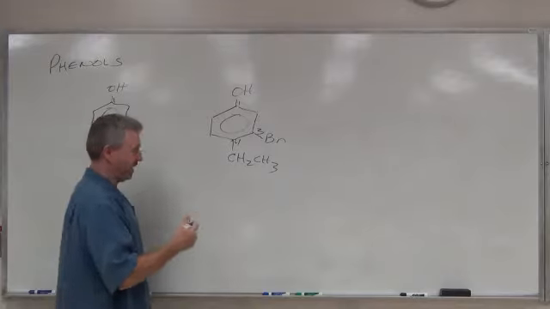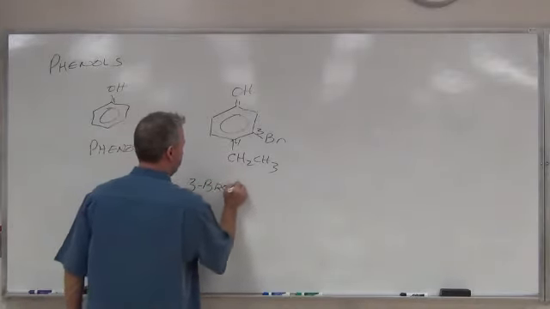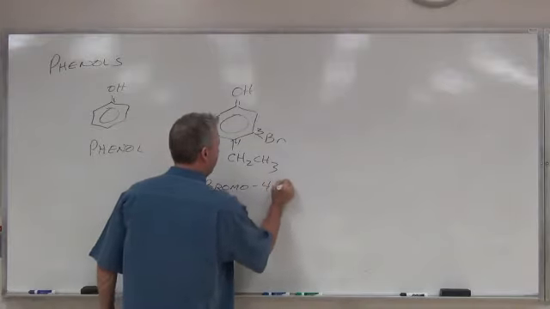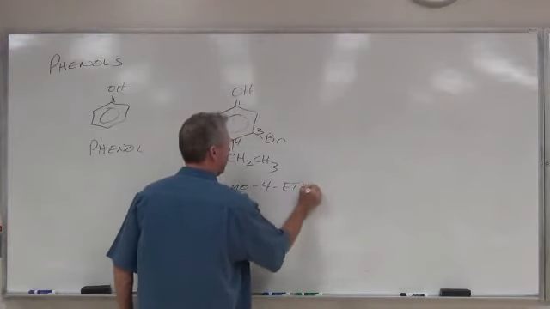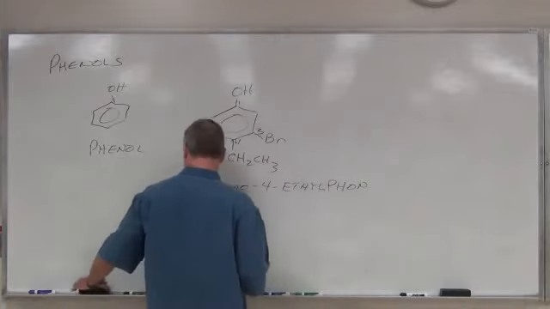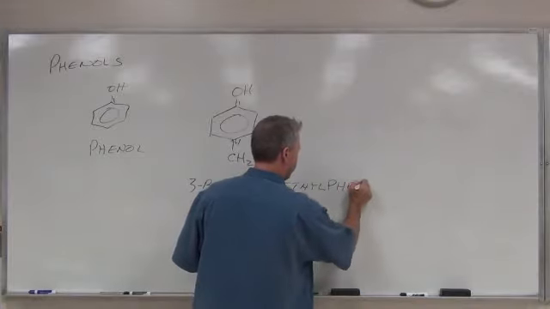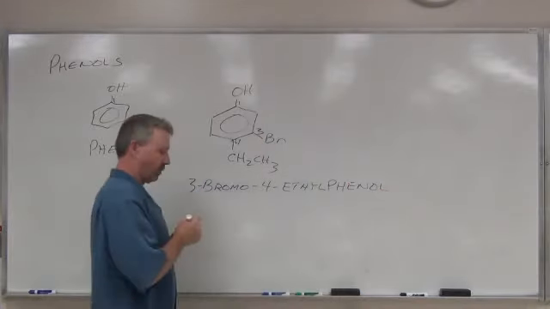B comes before E in the alphabet. This is 3-bromo, 4-ethyl phenol.